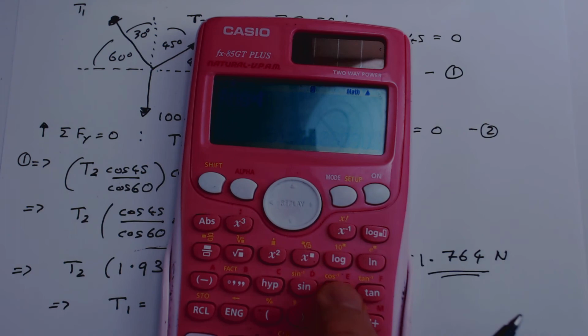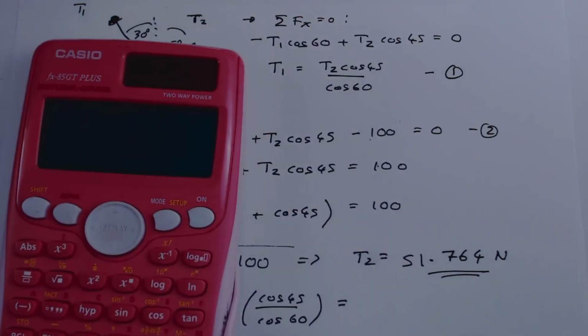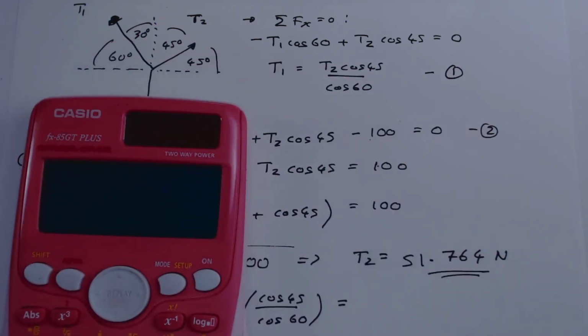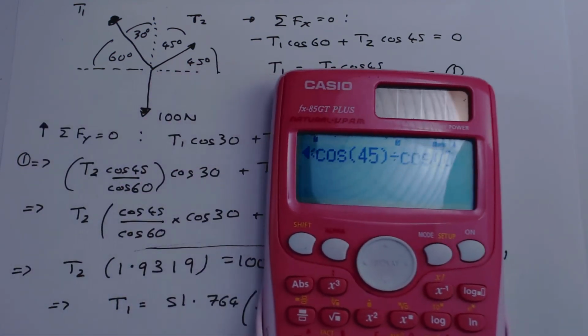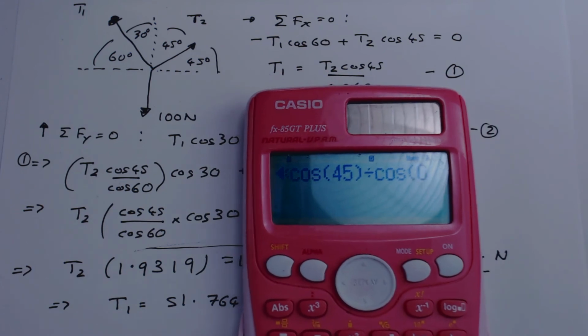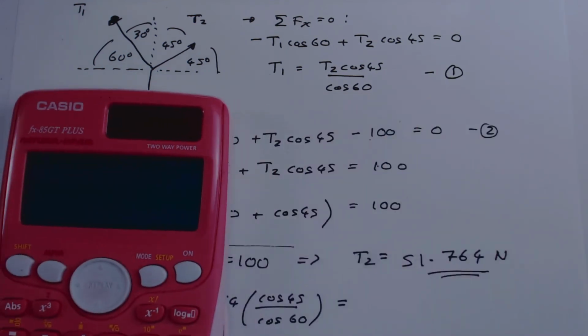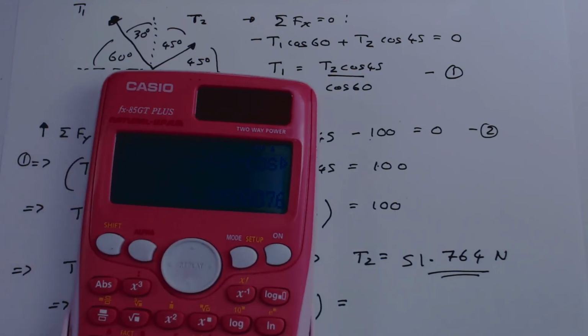So times it by cos, that's if you got it available, don't sweat if you don't, 45, okay, and then divide it by cos 60, close my bracket, equals, okay, now it's starting to cope and work in rational numbers.